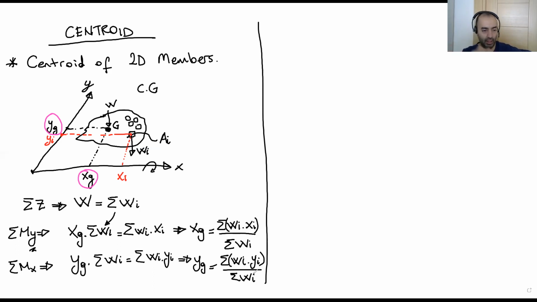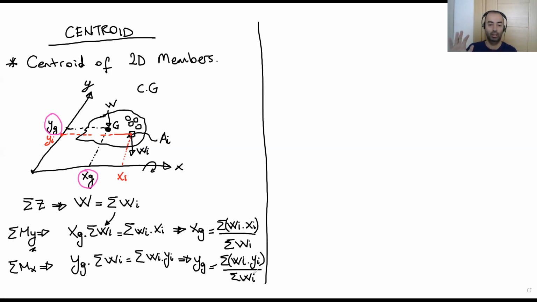At the end, I'm gonna give you a table method. We will draw a table and fill all the blank boxes in that table. Then we will get these results. But to explain this, I have to write these equations. So at the end of the day, what are the centroid coordinates? As you can see here, xg and yg, these are our centroid coordinates.